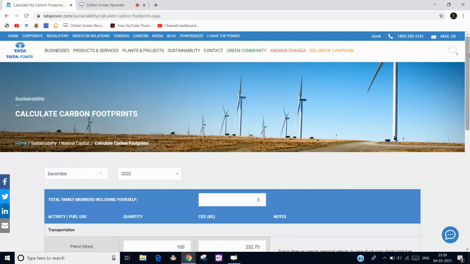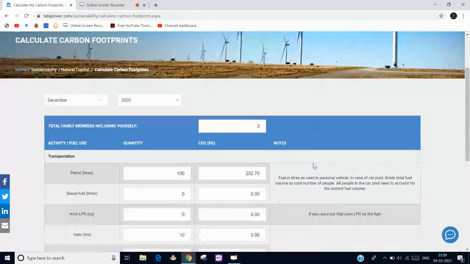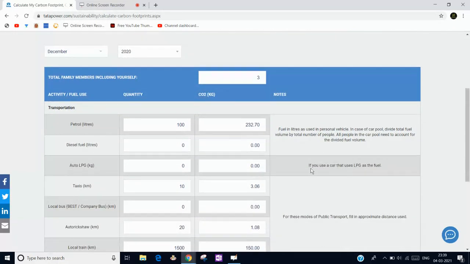So this is a carbon footprint calculator from Tata Power. Again I'm telling you, this is not a promotional video. I just found this useful, so you do not have to use that formula repetitively every time.